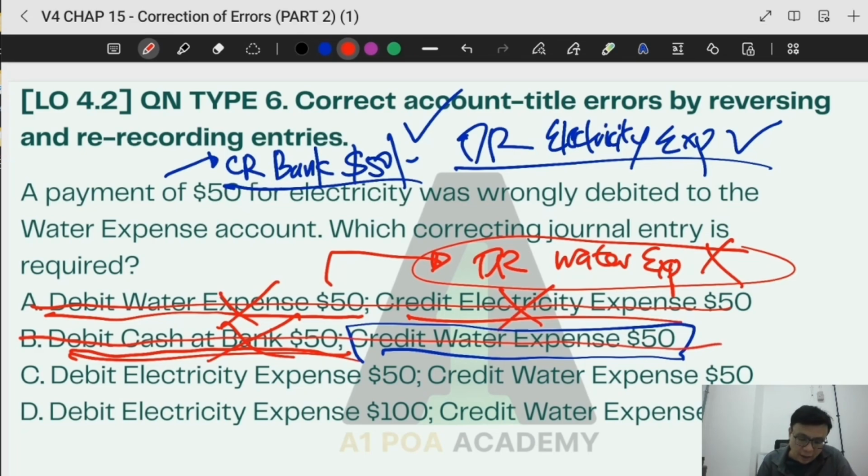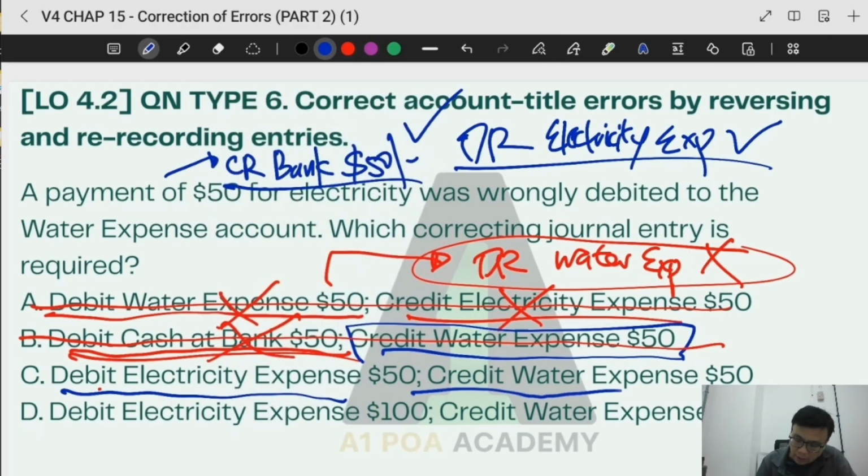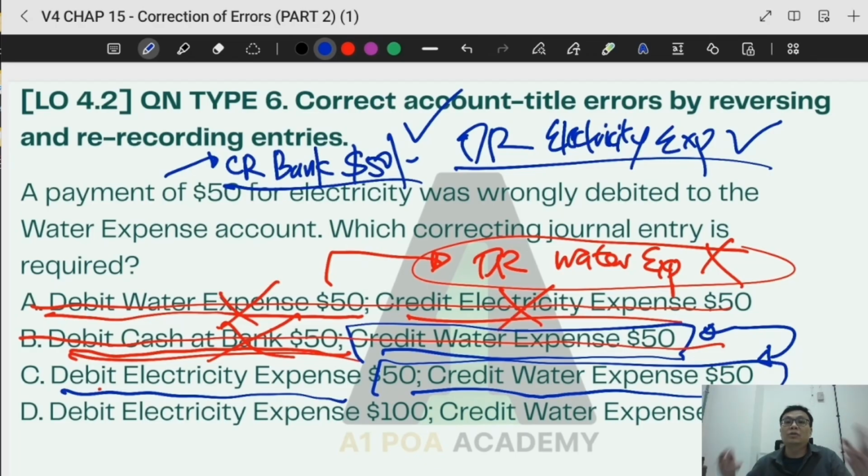Let us come to C. Debit electricity expenses. Yes, this one is correct. Debit electricity expenses, and we credit water expenses. As I mentioned earlier on, credit water expenses is correct because we want to eliminate water expenses, because it is overstated in the sense that it is not necessary in the first place. So C seems to be the correct answer, but let us double confirm by looking at D. D says debit electricity expenses, yes, correct.